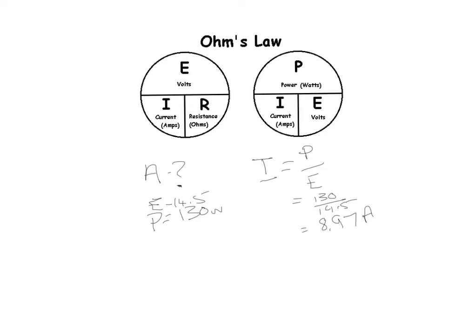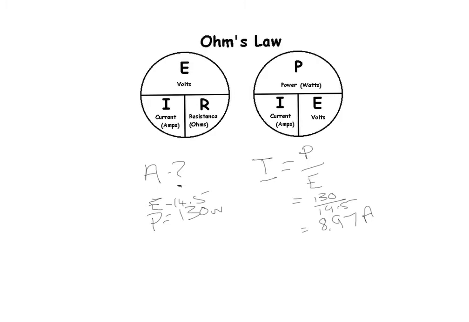Why are they related? Well, because if you have two known qualities of electricity, you can find the other two by employing both of the triangles. In this case, we know what the power is, what the energy is, and now what the current is, but what we don't know is the resistance.